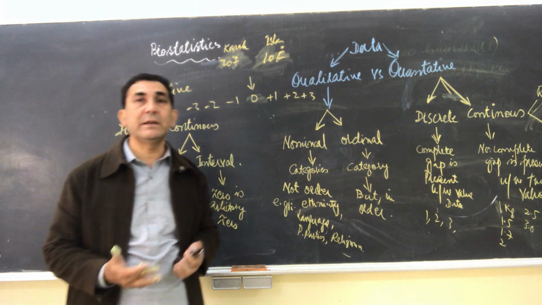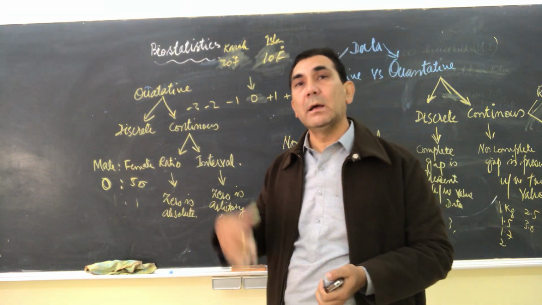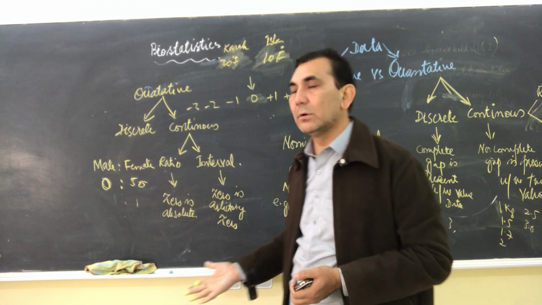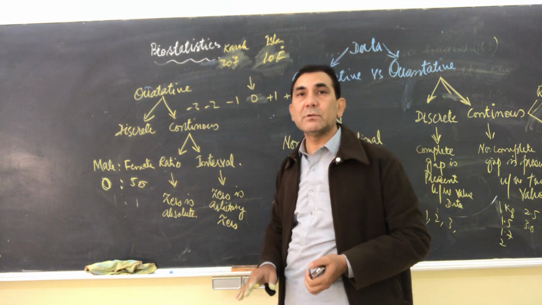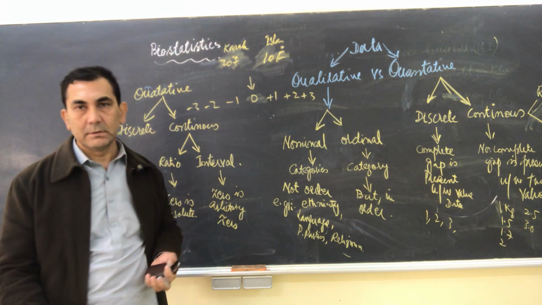You have never heard on any news bulletin that the temperature of Karachi is double that of Islamabad. No, but you say the temperature of Karachi is warmer as compared to Islamabad.